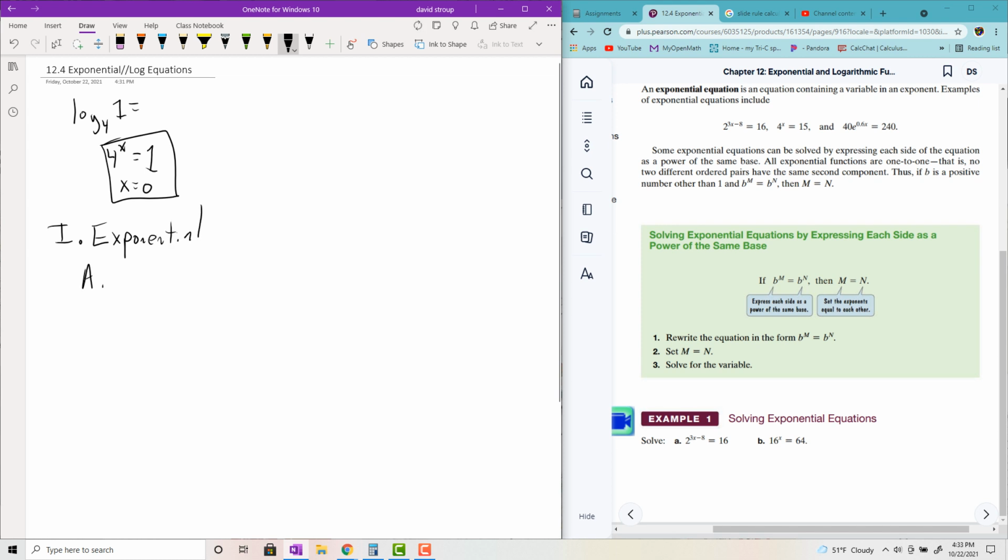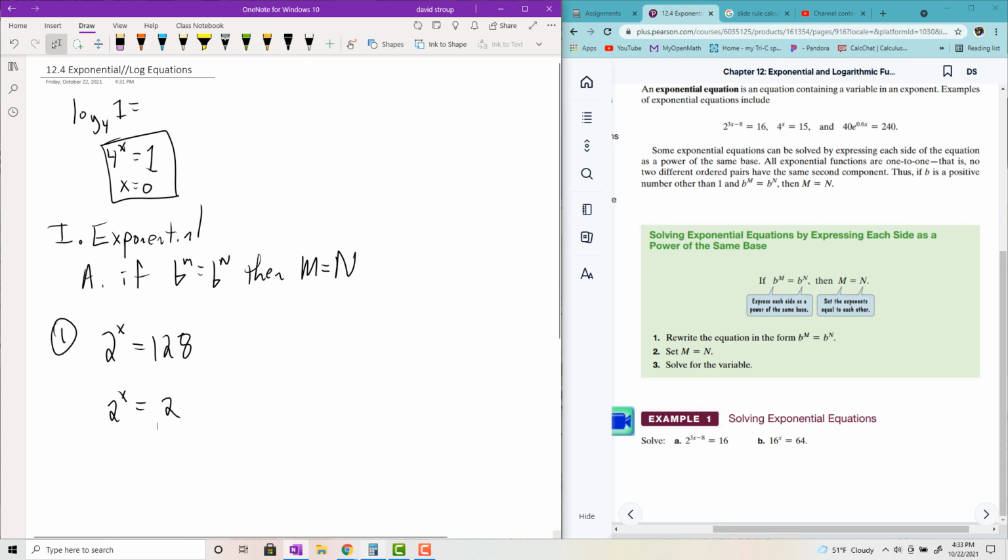And part A, we have if b to the m equals b to the n, then it's true that m equals n. Okay. So for a lot of problems, what you do is just try to get the same base on both sides. So if I have 2 to the x equals 128, for instance, I want to rewrite 128 as a power of 2.